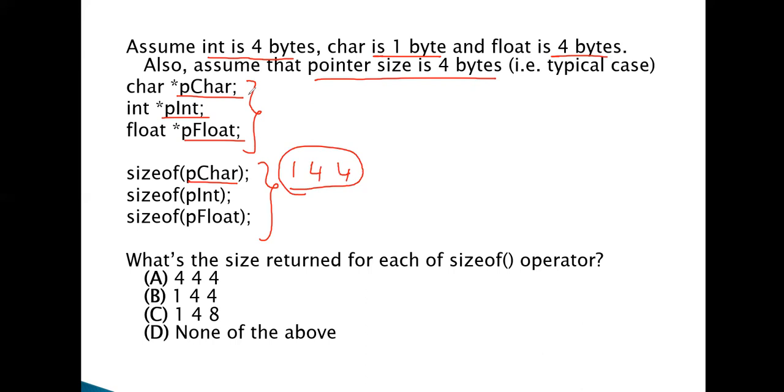Whether it is a character, floating or integer, whatever it is, it stores an address. So what is the size? In the question they have given that the size of the pointer is 4 bytes. So what is the answer? Whether it is a character or integer or float, the size is fixed. That is, it stores only an address.